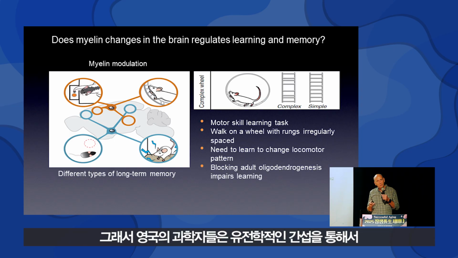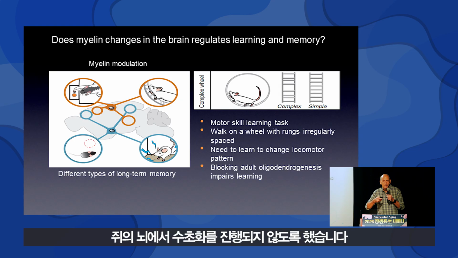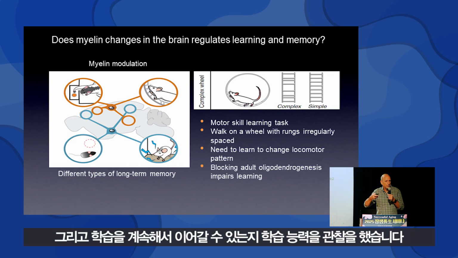So what certain scientists in England did was, by some genetic means, not allow new myelin to form. And he asked whether, if you stop myelin from forming, you can learn this motor skill.